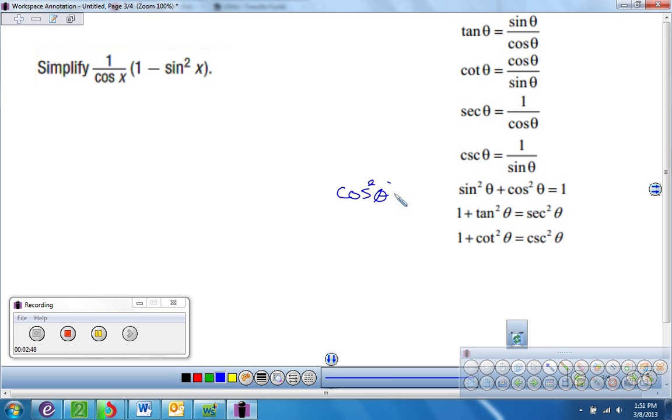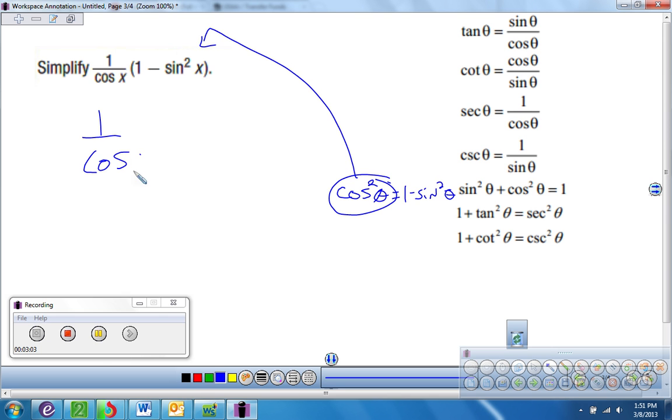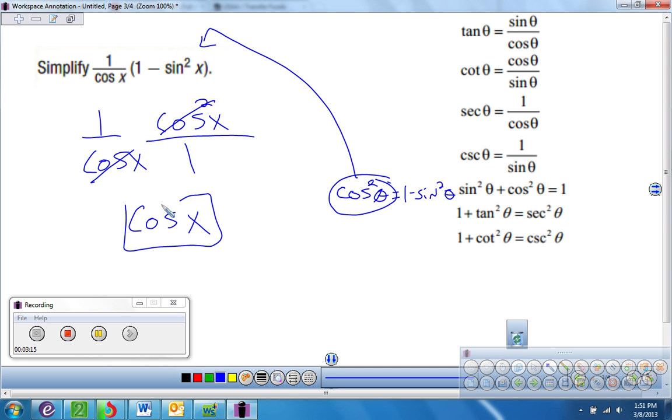Cosine squared theta is equal to 1 minus sine squared theta. So what I can do is replace that for all of that. So I end up with 1 over cosine x times cosine squared x. Okay, that's over 1, so I can reduce again, and so we end up with cosine x. Now they won't always end up with cosine x, but in these two cases they did.